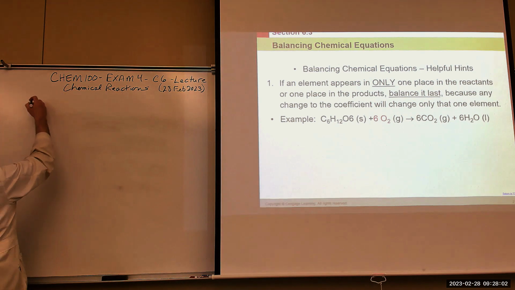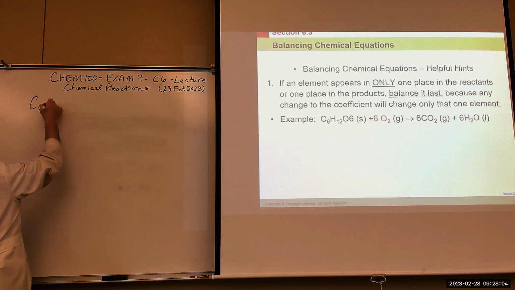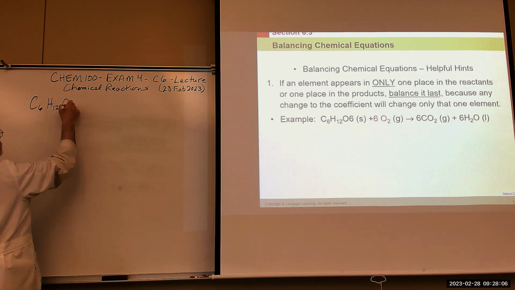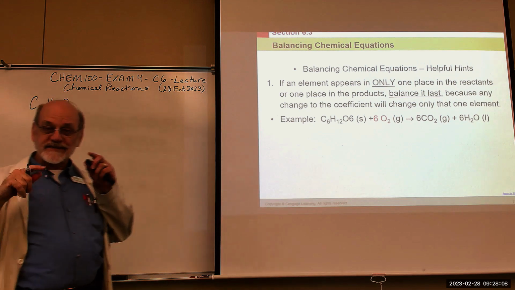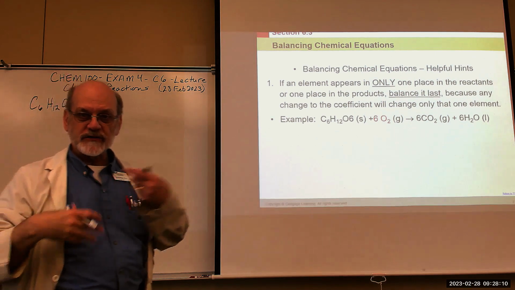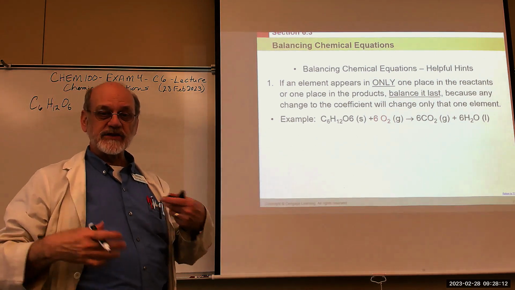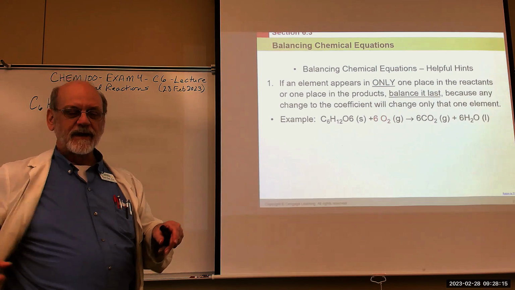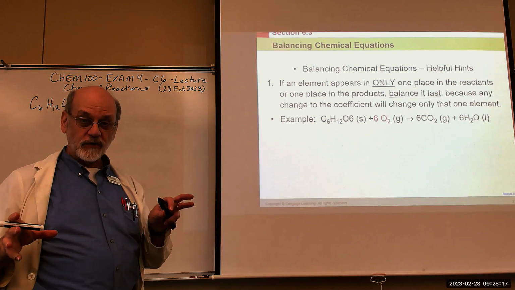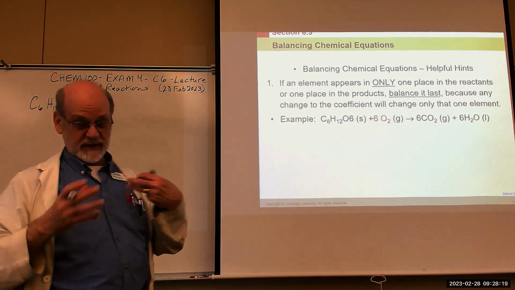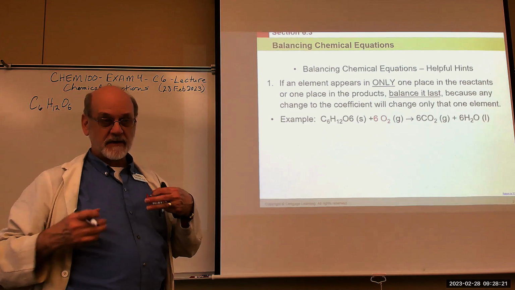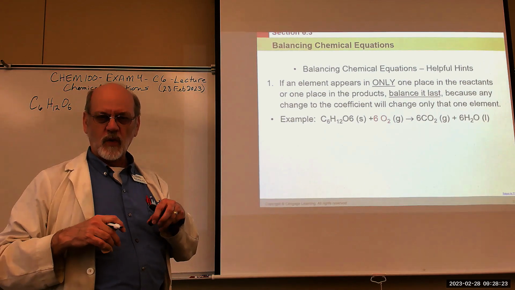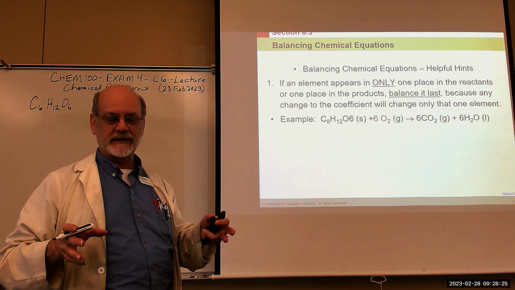Glucose, C6H12O6. That's the same stuff that floats around in your bloodstream and delivers energy to all your cells, and is under the control of several systems, but the one that seems to go wonky most often is insulin, right?